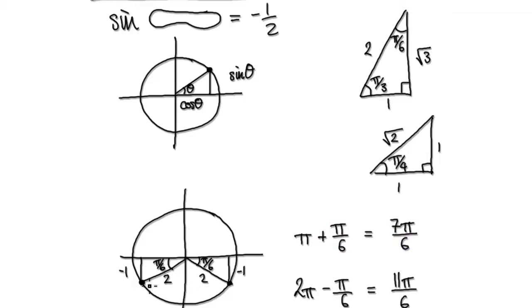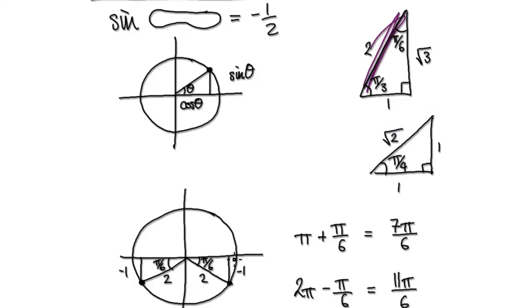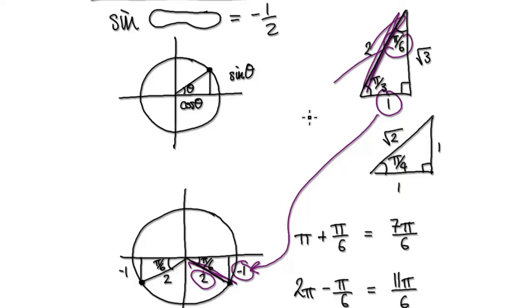So this is our first solution here. And then our second solution would be right here. So don't forget this. We've got to look at this triangle here, where the hypotenuse is 2, this is -1, and then this angle here is pi over 6.